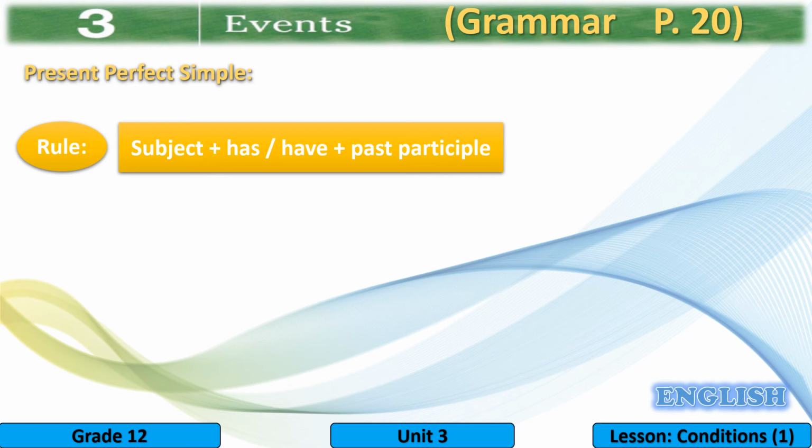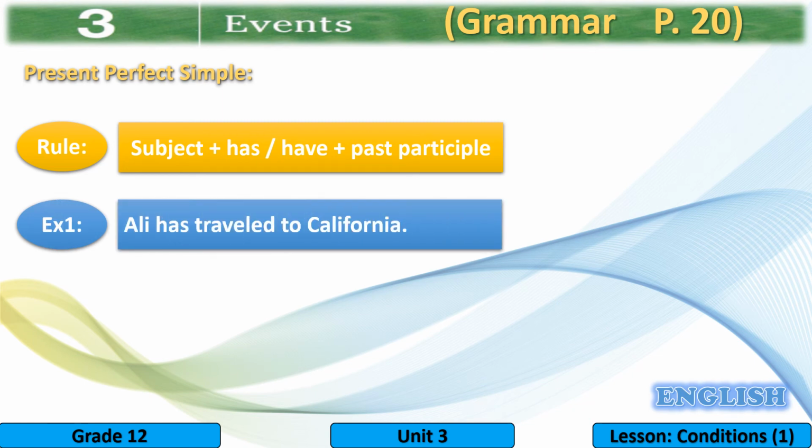If the subject is singular, so we use has, and if it is plural, we use have, and always we have to use the past participle form of the verb. Example number 1, Ali has traveled to California. Ali is the subject, singular, so we used has. Then we use the past participle form of the verb travel, which is traveled.